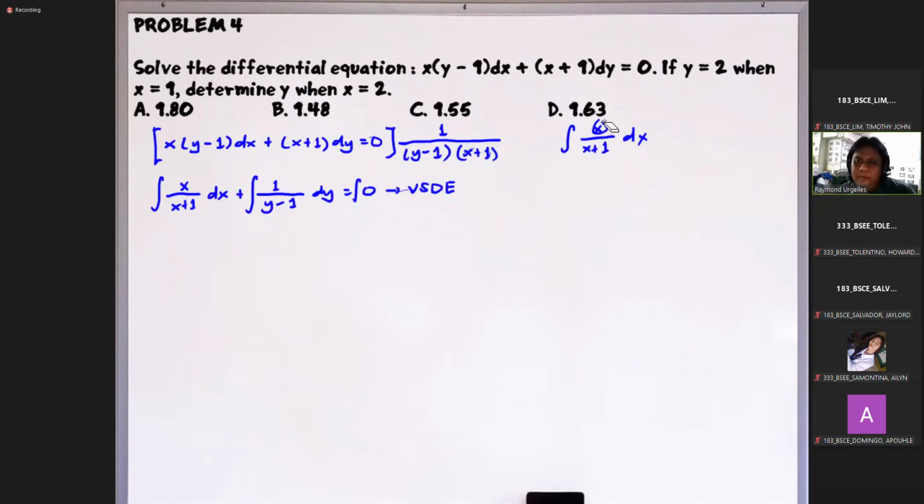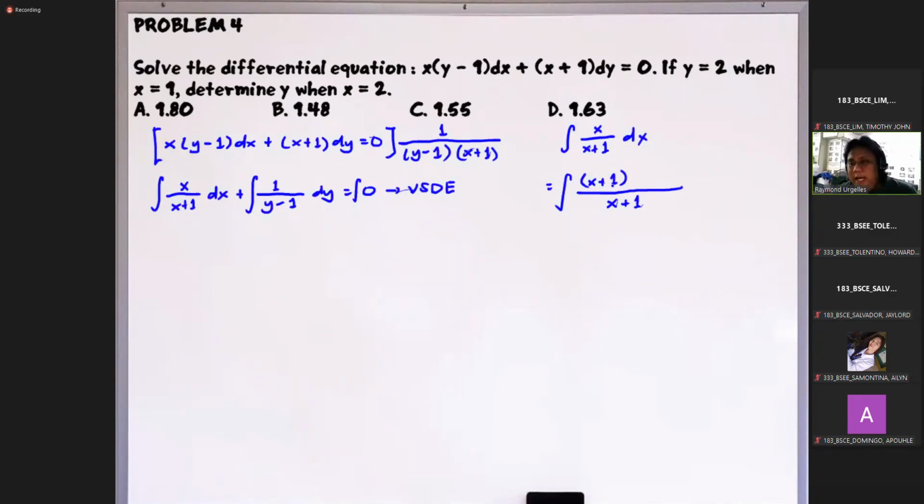So ang gawin nyo lang dito, dun sa numerator, mag-a-add tayo ng number na pareho nung nasa denominator. So again, this is over x plus 1. Nag-start to sa x, then mag-a-add ako dito ng constant na pareho nung sa denominator para makuha natin yung form nung nasa denominator.